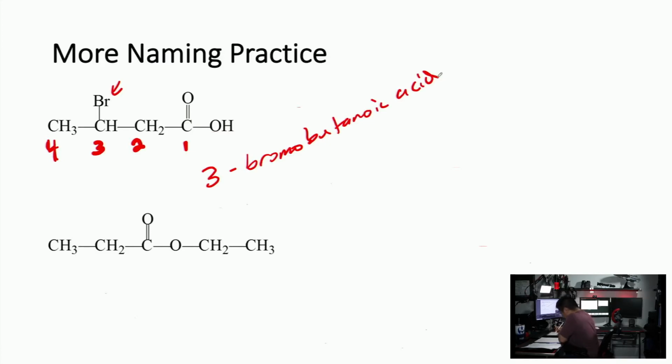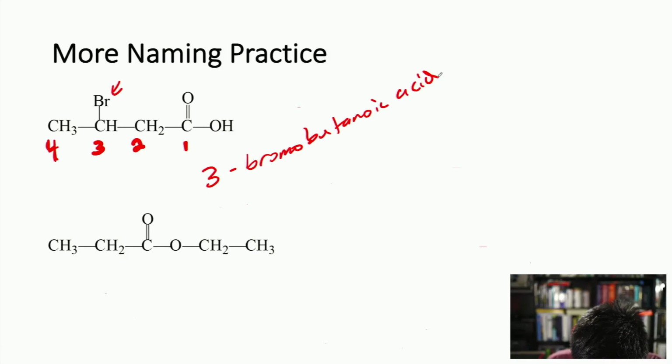Let's look at this guy now. Oh, wow, we have an ester here, not a carboxylic acid. All right, so we have the propanoate right there, which is the carboxylic acid part of the ester, right?